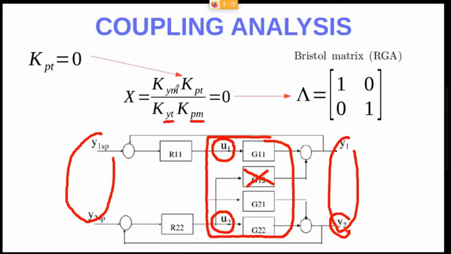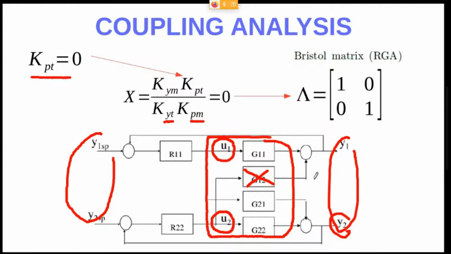First of all, the effect on the yaw angle by means of the main rotor, so that's this transfer function in here, right? As you can see, this is GYM, but just because GPT is equal to 0, right?